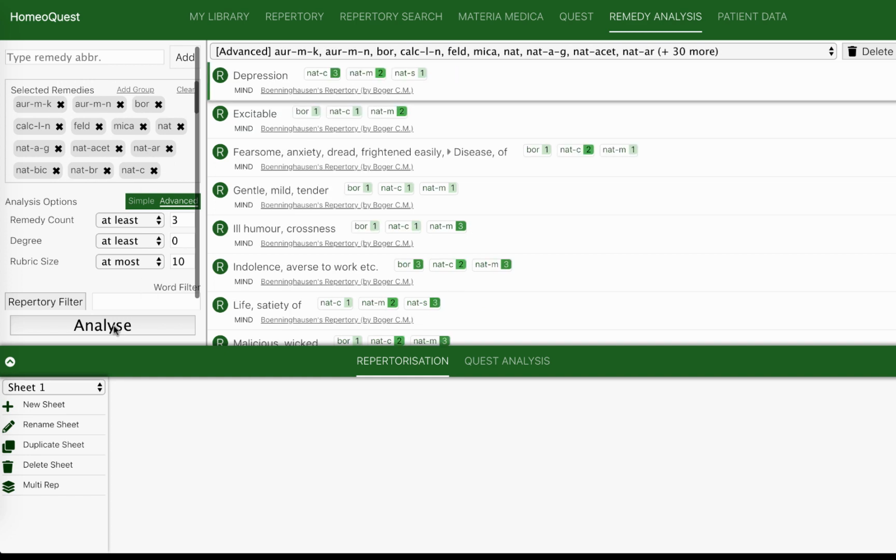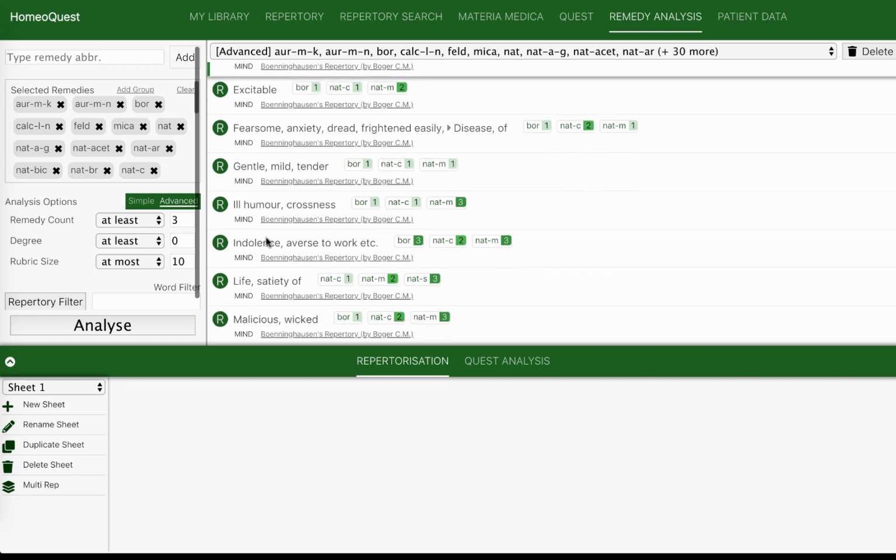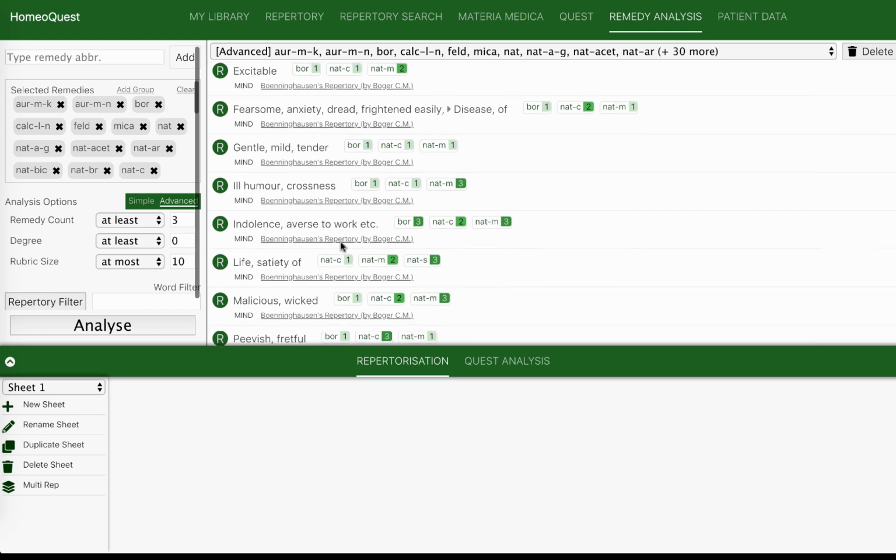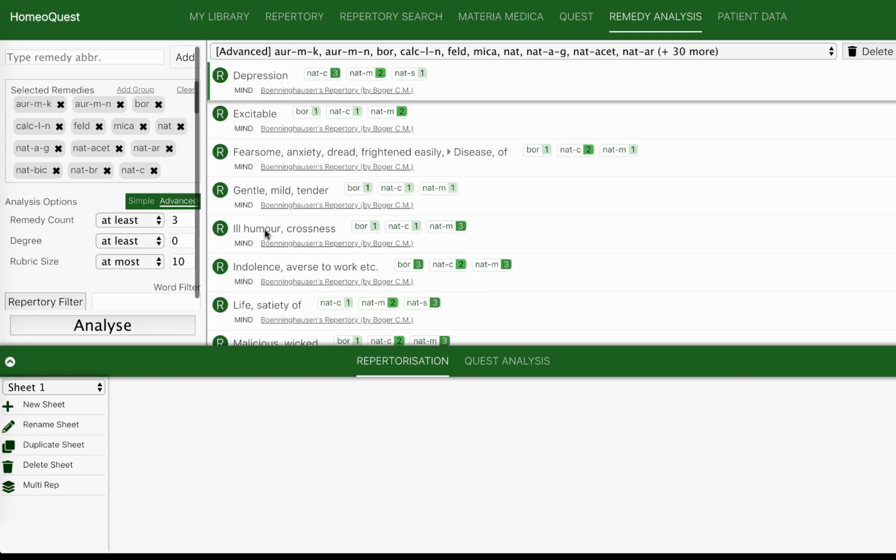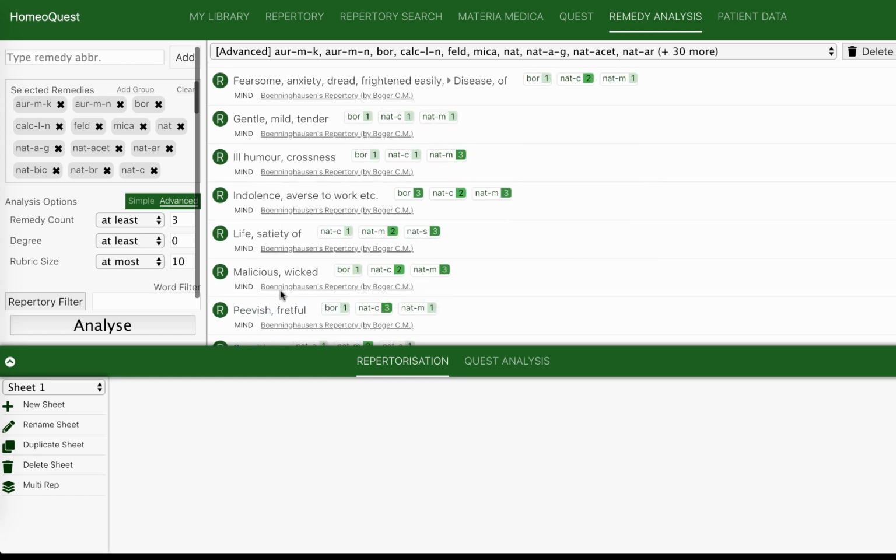Okay, there we go. The first thing he says is depression. All right. Then what else? Gentle, mild, and tender. Lots of natrums in there. Ill humor and cross. Indolence, aversion to work. So picture a depressed person who cannot work, indolent, with satiety of life, with lots of ill humor and cross.